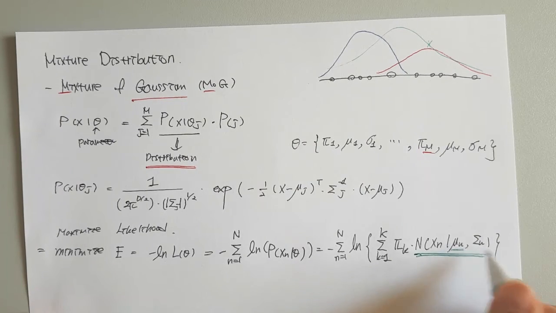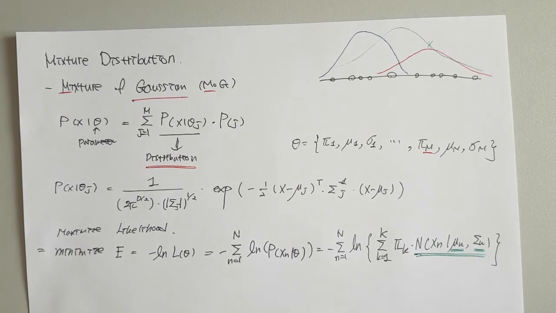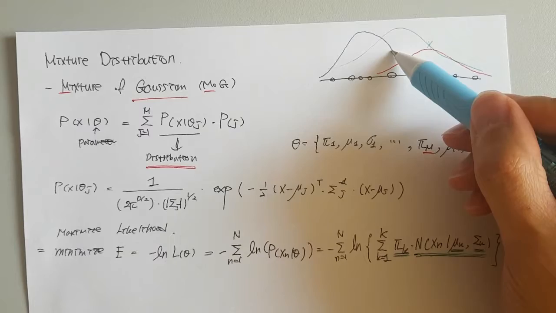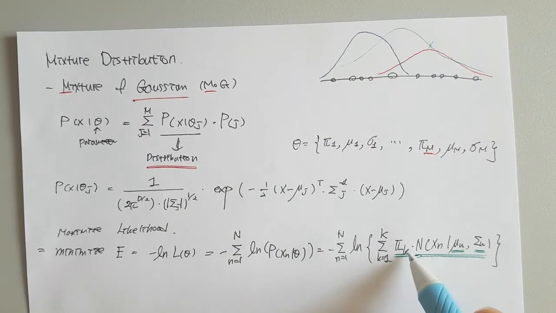So here I will briefly explain the intuition about this one. This is a Gaussian distribution, it has its own mean and covariance or variance parameters, and it has its own weight. Therefore, each distribution is multiplied by its weight, and they sum together.